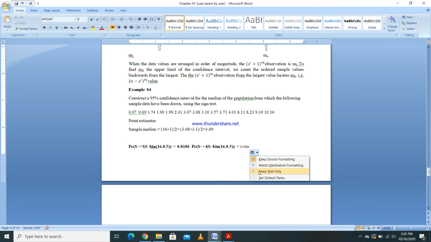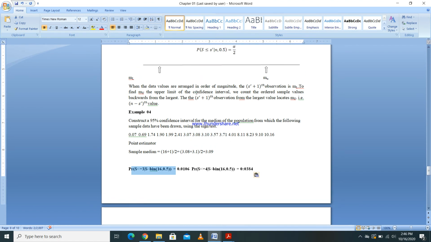Right, so now what will happen? If you take S dash here as 3, you get the probability as 0.0106.